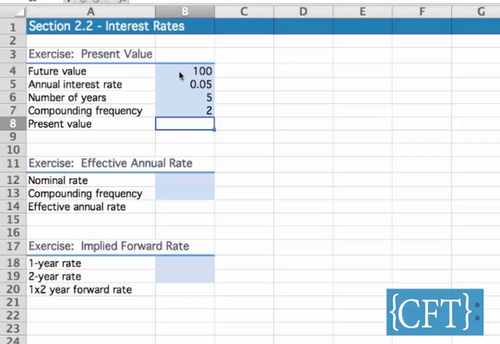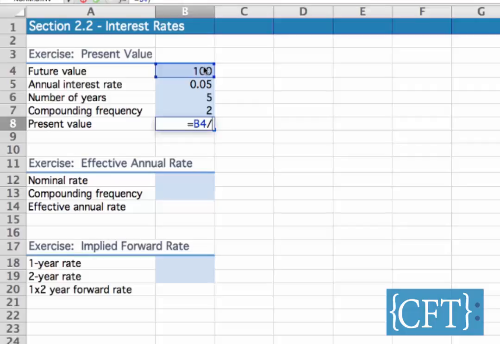So we're going to take the future value of 100, so we write equals 100, and we're going to divide it by the discount factor, taking into account the 5% rate per year with discounting over a 5-year period and semi-annual compounding.